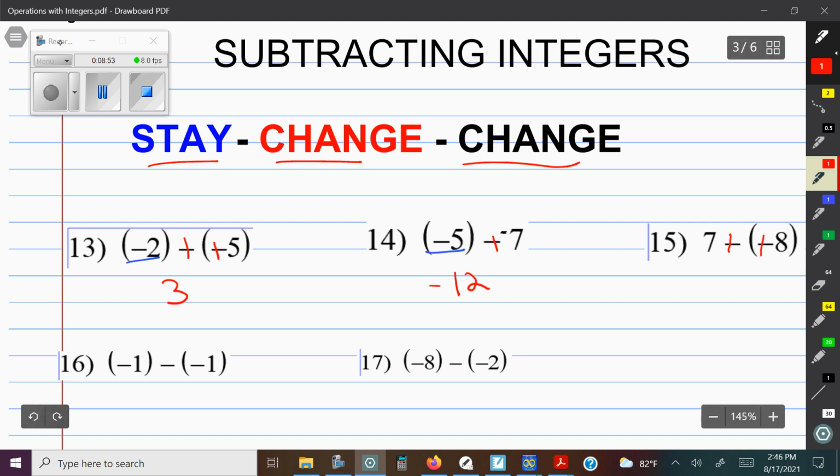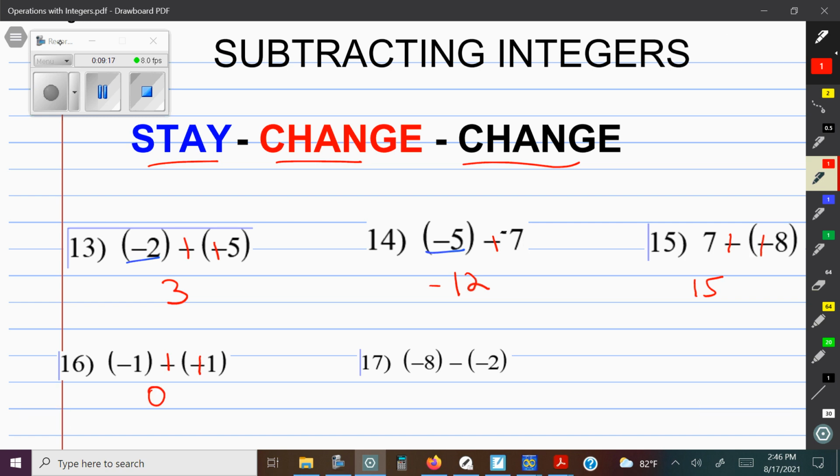Now we have a positive 7 plus a positive 8. Same sign, find the sum. You got 15. On 16, stay, change, change. Negative 1 plus a positive 1. Different signs, find the difference. You get 0.